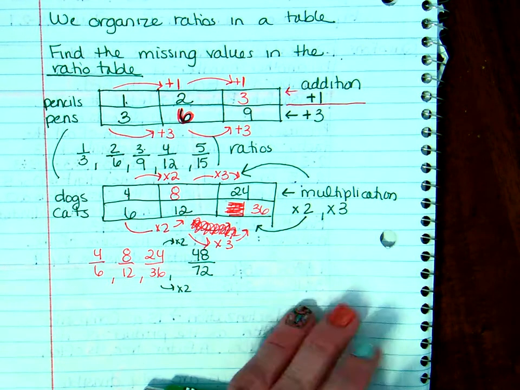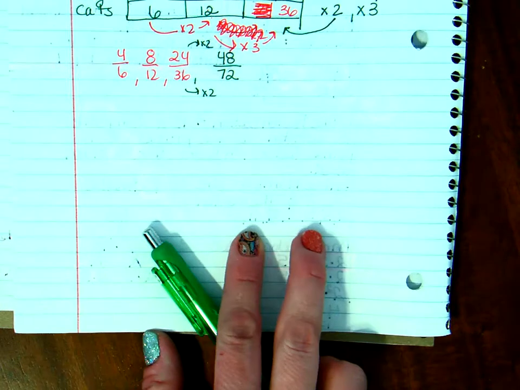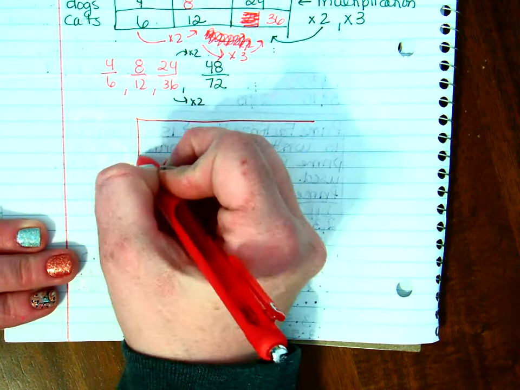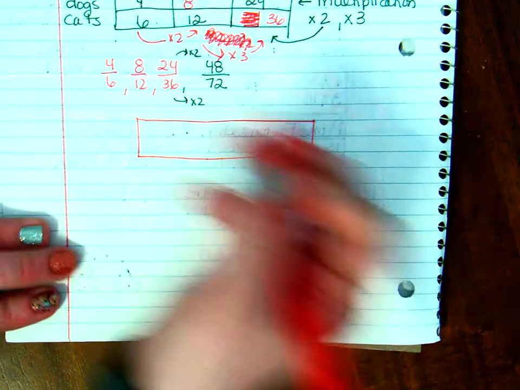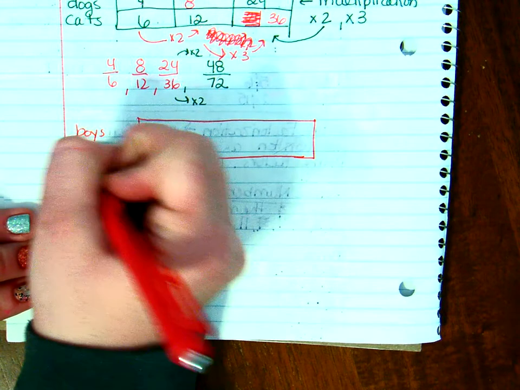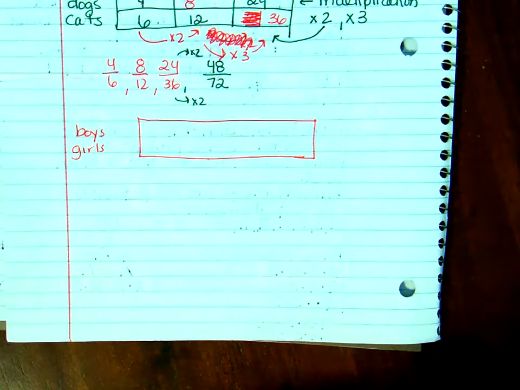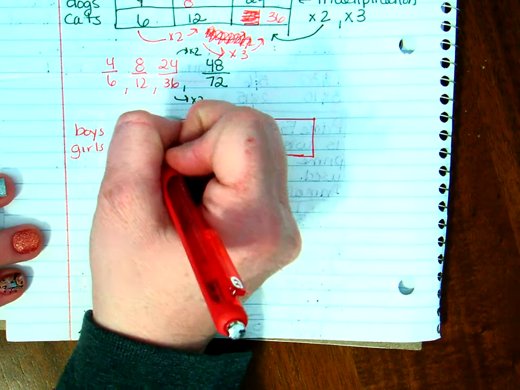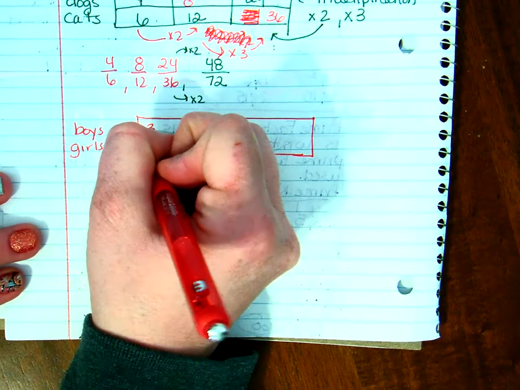So let's do one last one. Let's do boys to girls. Okay, so let's say I have for every 3 boys, I have 5 girls.